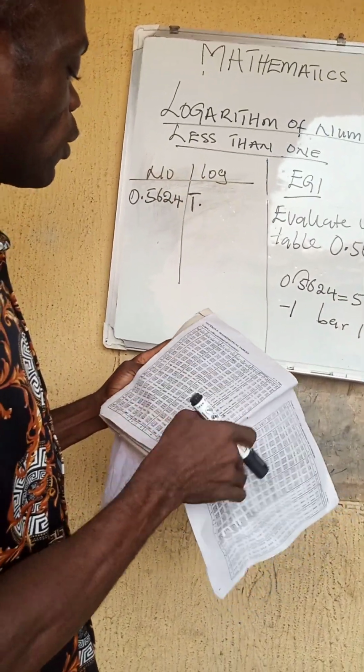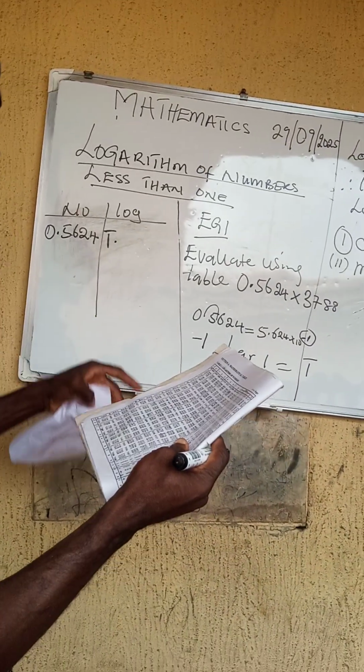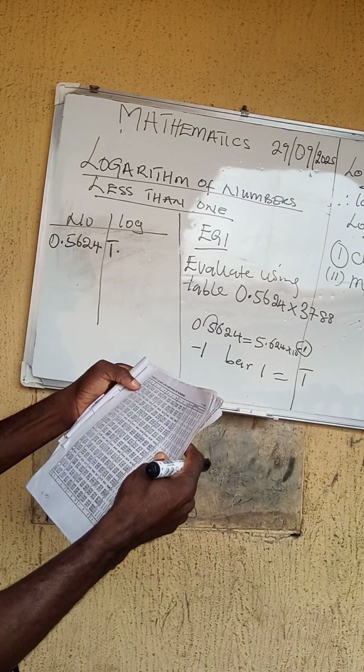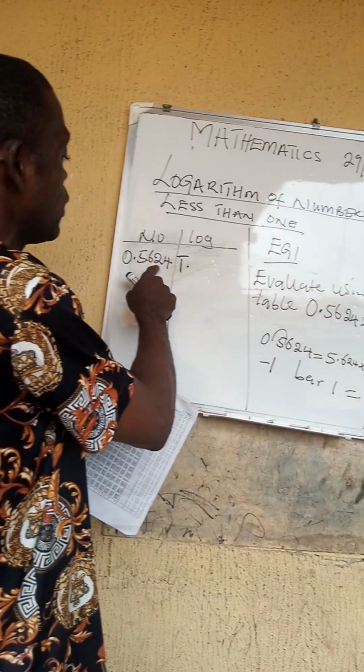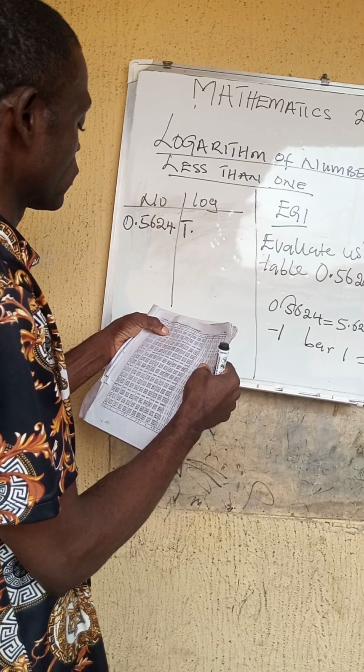So if we open the logarithm table, we go to row 56. We trace down and see 56. Since 56, we trace it under 2. 56 under 2 gives us 7497.